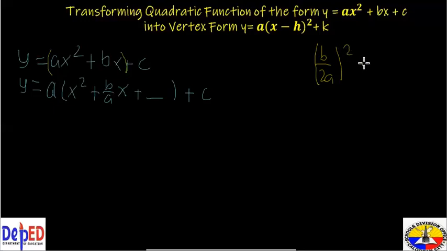So we get b squared all over 4a squared.